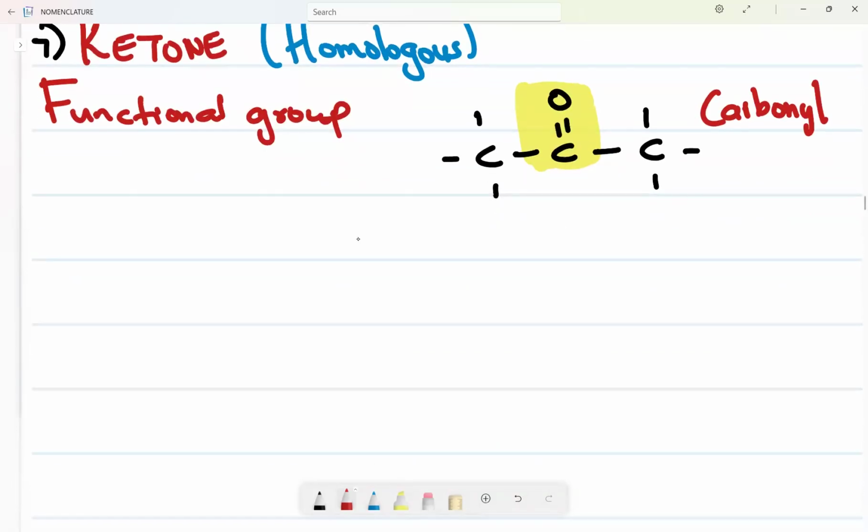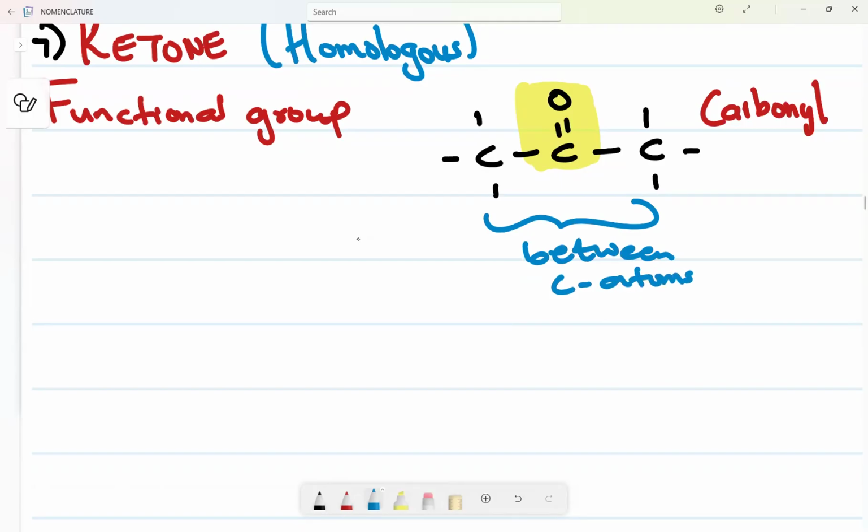So now the suffix here, let me just say between carbon atoms, always between carbon atoms.